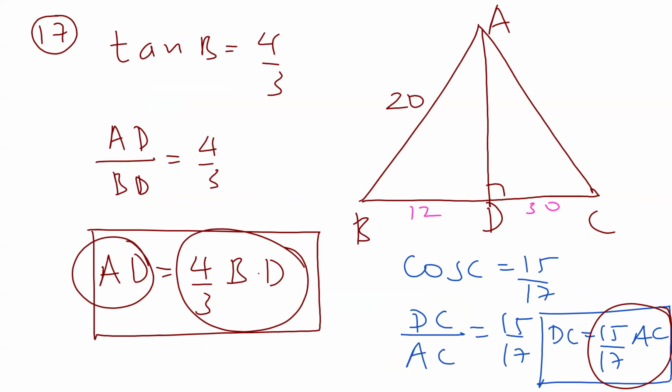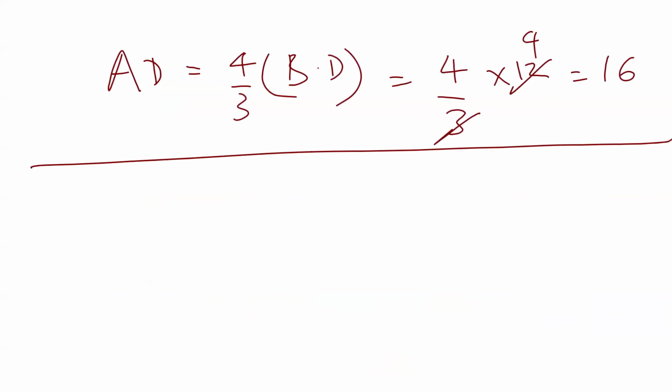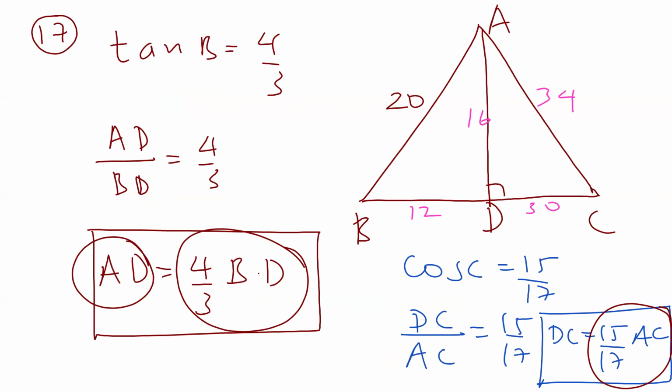One more thing they are asking, the value of sine A. Now we'll put all values over here first of all. AC is 34 and AD is 16.